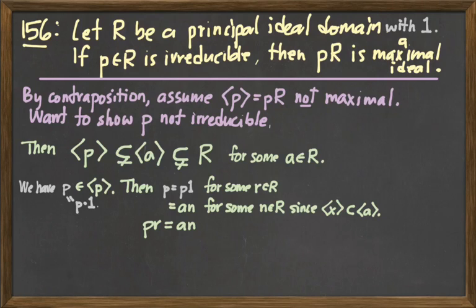So that means if P is an element of the ideal generated by P, then P has to be an element of the ideal generated by A. Which means that P is equal to A times some N, where N is in R.